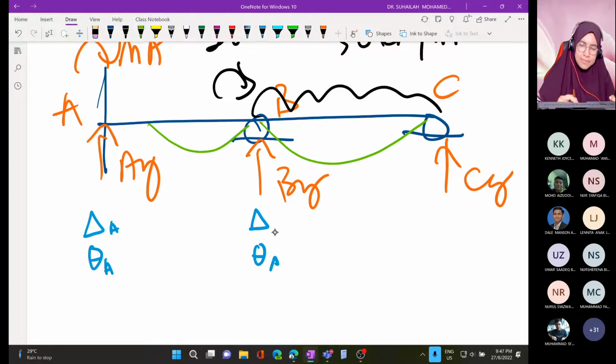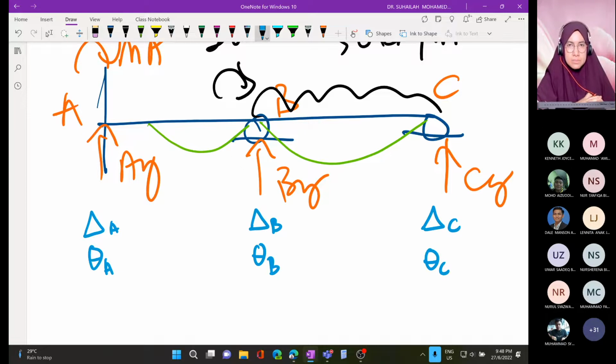Yang ni dekat B. Displacement at B, rotation at B. Displacement at C, rotation at C. Okay, what is the value of delta A and theta A? What is the value? 0. It is 0 because of the support.